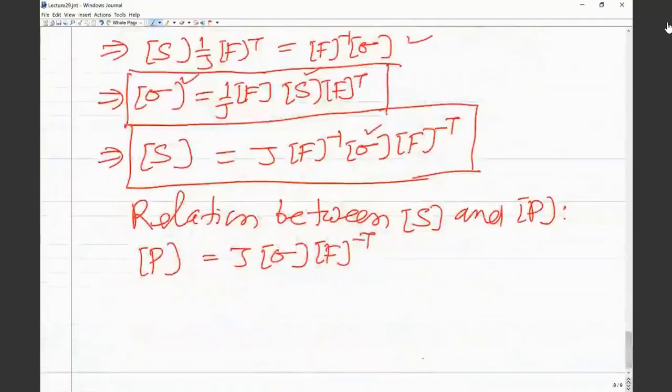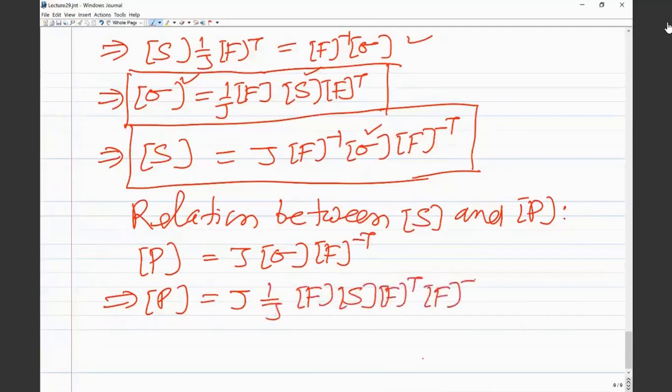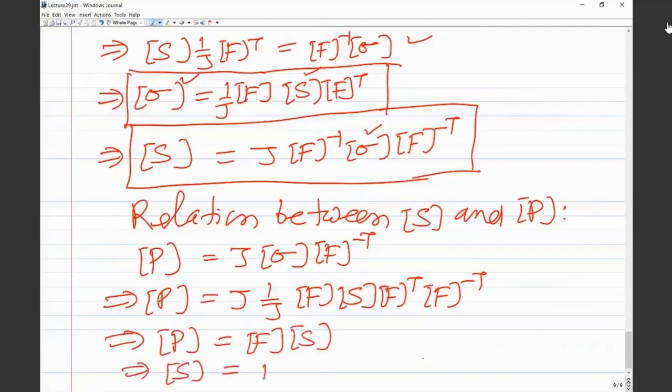Then we know sigma in terms of S, that is 1 upon J into F into S into F transpose, and then finally this F inverse transpose. So you can say that P will be equal to F into S. Or if you want to write S, S is going to be F inverse into P.